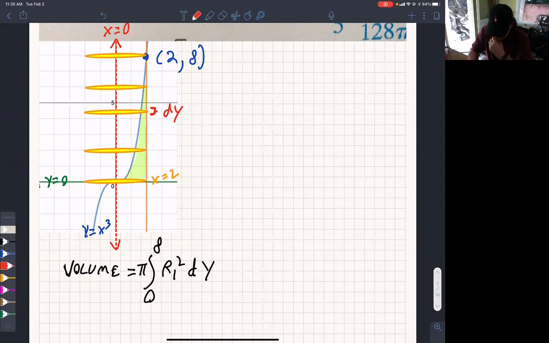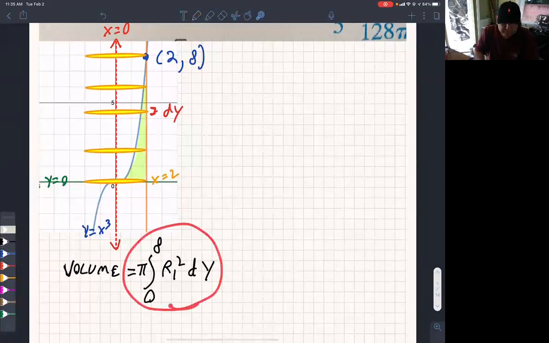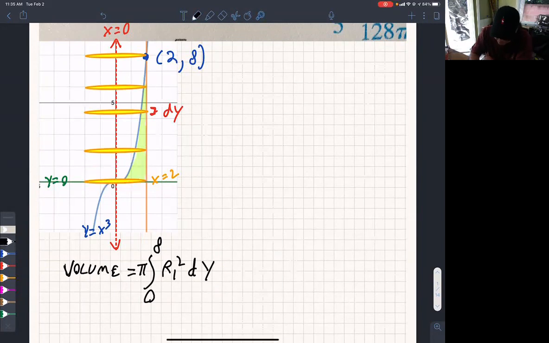I'm going to point something out here that you could actually do on an AP test. You don't have to use calculus to find this volume. If you understand this is just a cylinder, and you want the volume of the cylinder alone, all it is is pi r squared h.